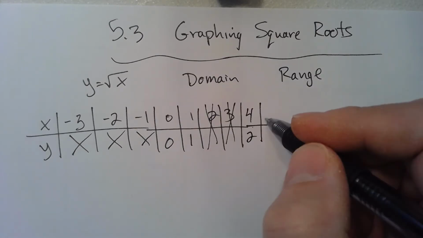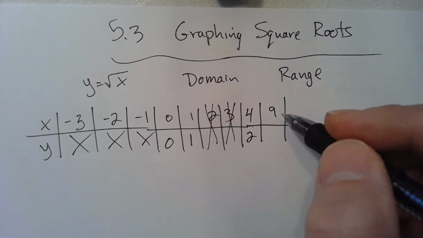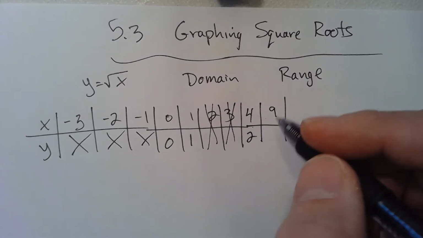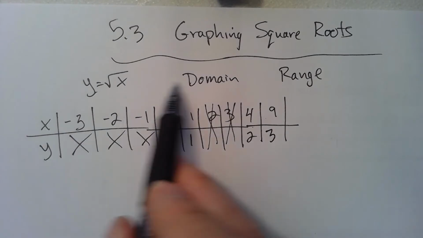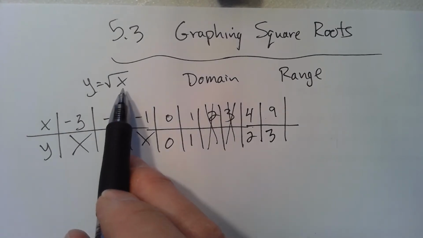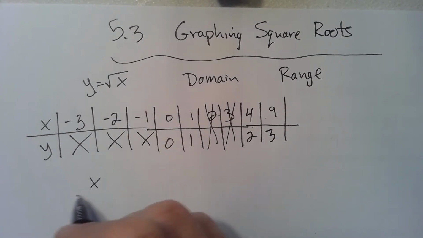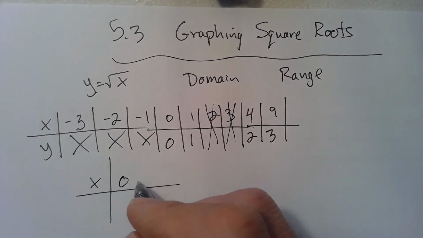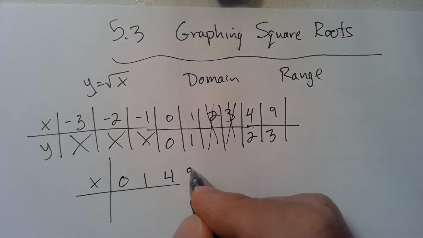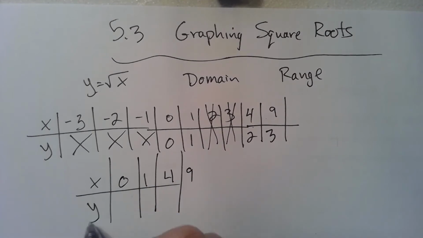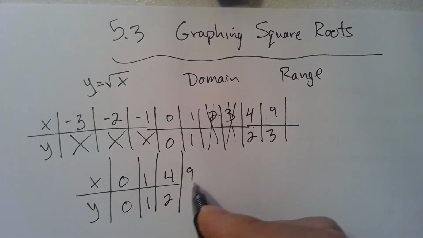And then we could go all the way to 9 because that's the next perfect square. The square root of 9 is 3. So if I'm making a table for y equals the square root of x, I'm going to start at 0, 1, 4, 9, and use 4 values. So 0, 0, 1, 1, 4, 2, 9, 3.